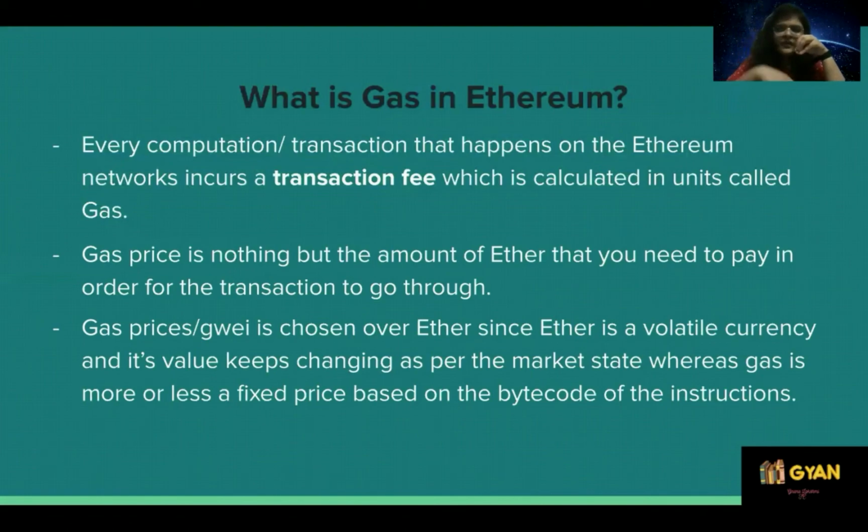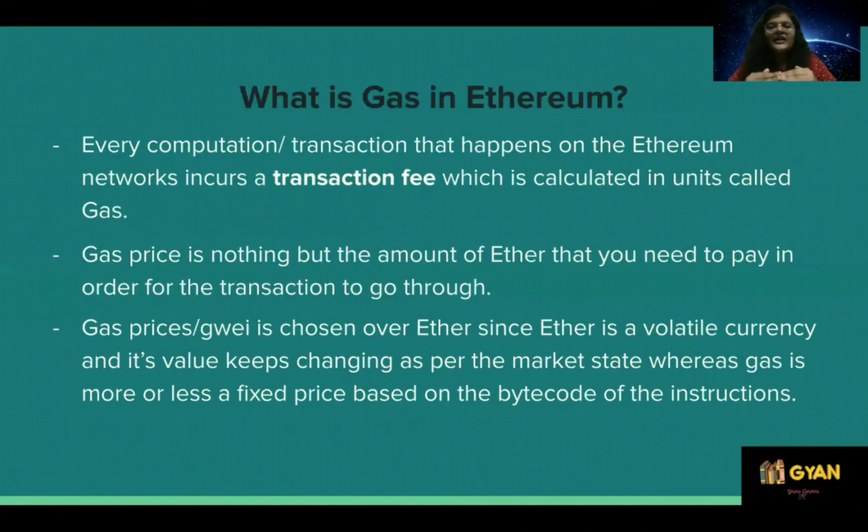So you can read up more on opcodes, right? What are opcodes? But these gas prices are associated with opcodes. For each opcode, there is a fixed gas price. So for your contract, when you calculate, the gas price comes as a fixed price, right?